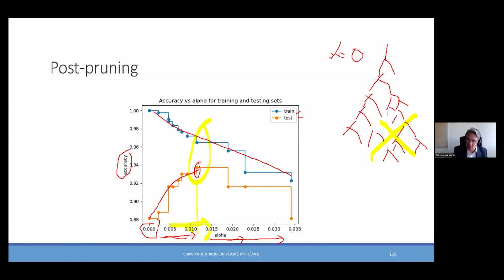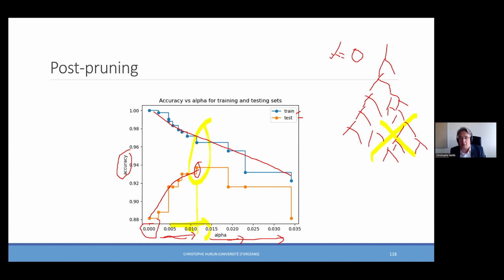It's clear: in pre-pruning, I control the max depth, and I will use a cross-validation approach. In post-pruning, I let the model grow, and then I fix a parameter in order to reduce the complexity of the model.